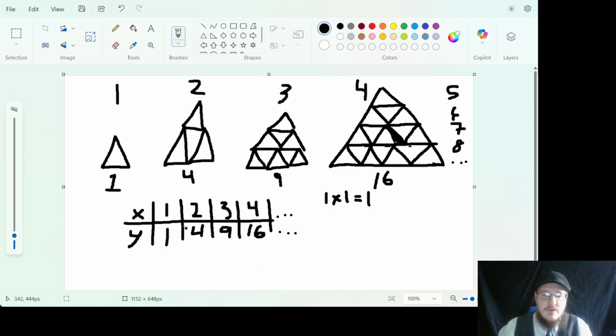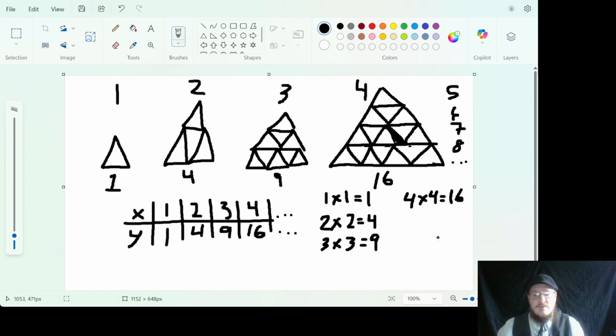Quick and easy, okay? Now to get from 2 to 4, that's 2 times 2 equal to 4. From 3 to 9, that's 3 times 3 equal to 9. 4 to 16, 4 times 4 equal to 16. And so on and so forth.